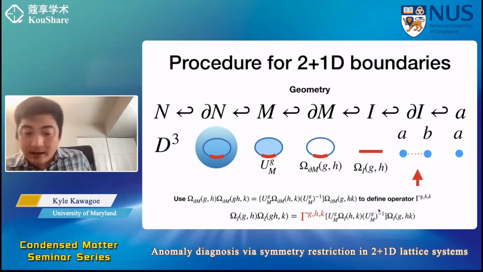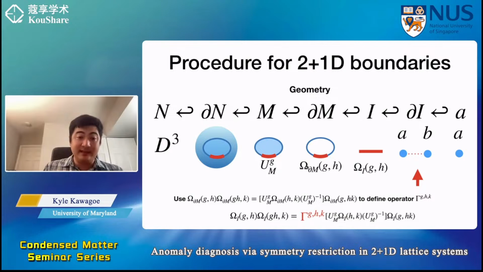Here, when you're restricting to a disk, there's no guarantee that this omega boundary M is going to be a finite depth circuit. So it's unclear if you can actually restrict it as a truncation of a quantum circuit.